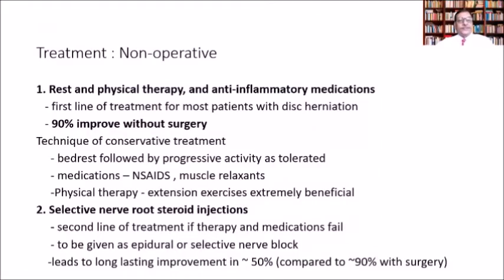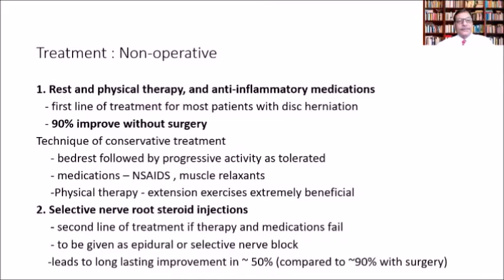The treatment should be non-operative in the beginning. Out of the non-operative options, it is rest and physical therapy with anti-inflammatory medications. This is the first line of the treatment, and we must realize that 90% of the patients improve without surgery.